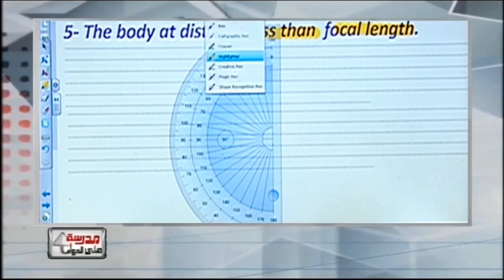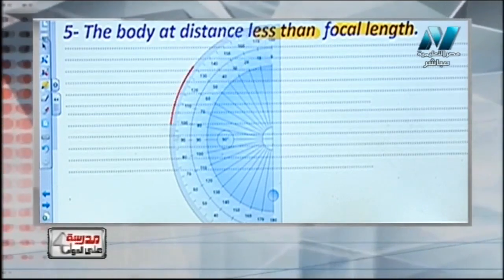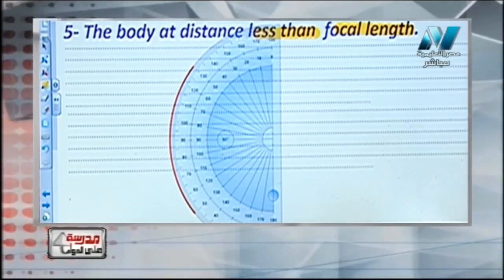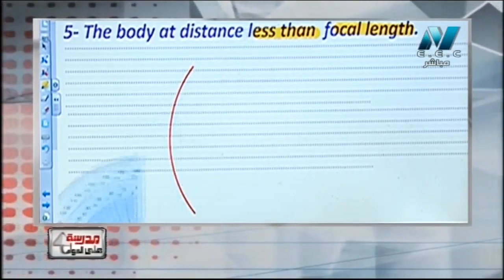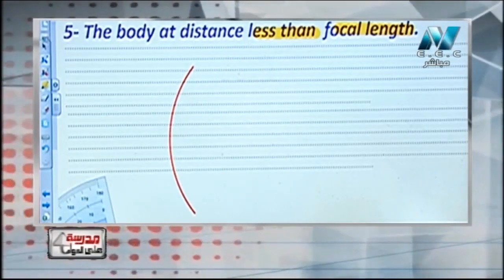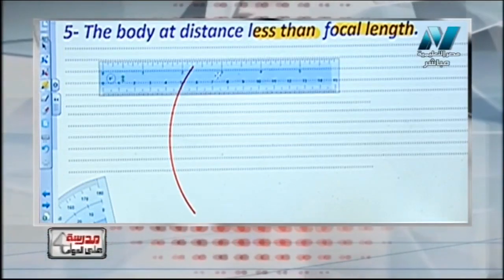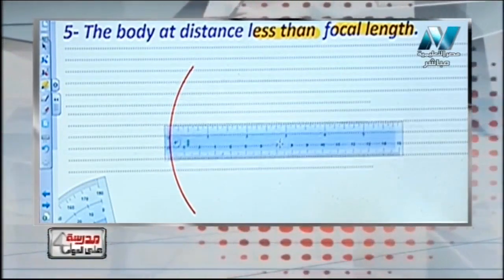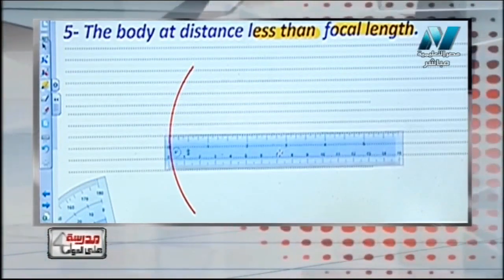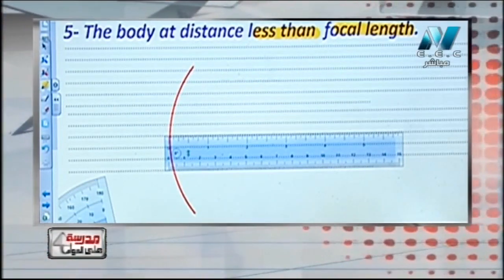Number 1, drawing the arc. Okay, thanks a lot, my protractor. We will use the ruler to draw 2 equal distances, as we see, by using pencil.